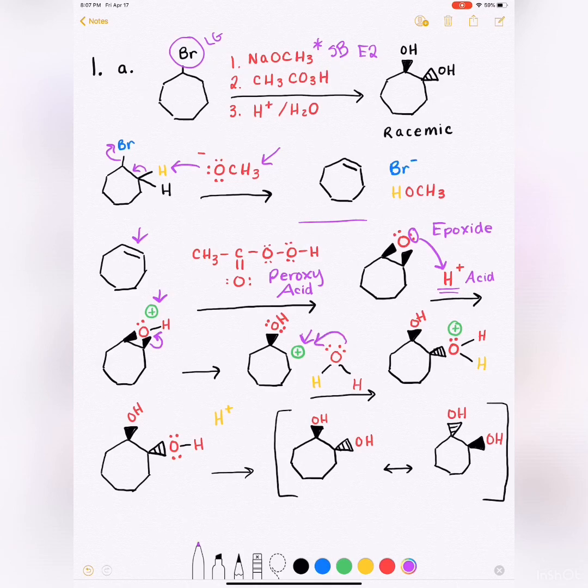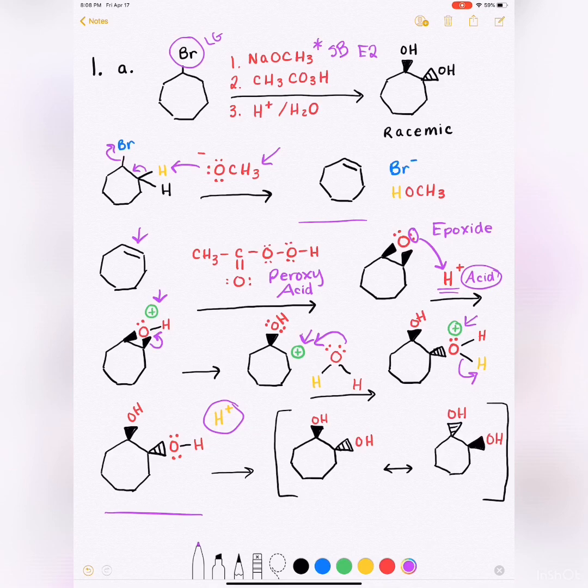Once again, you have a positive formal charge on the oxygen here. Now remember that we are in acidic conditions, so it is perfectly acceptable for this oxygen to satisfy that positive formal charge by kicking off one of its hydrogens. We're simply regenerating the H+ that's already in solution, and that will give you your 1,2-cycloheptane diol.